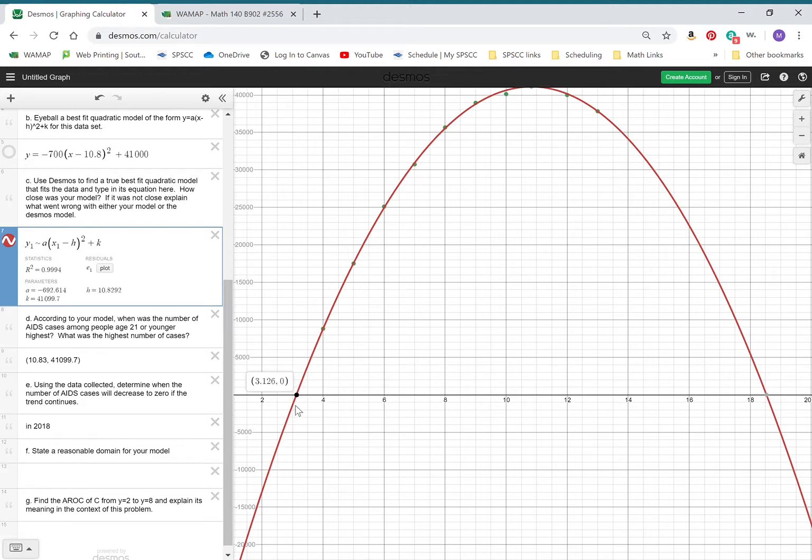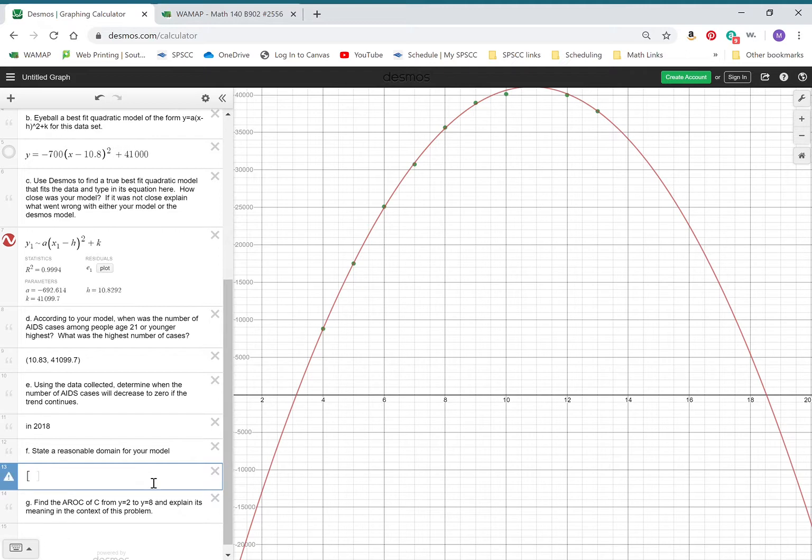So you get to make some judgment calls when you're stating reasonable domain. I would say the lowest cutoff you could use on the left side would be this 3.126. You're definitely stepping into something unreasonable if you get negative cases. If you're feeling like me, like we know it wasn't 0 in 2003, then you could cut it off at 2004. I wouldn't cut it off before that because we actually have data in 2004.